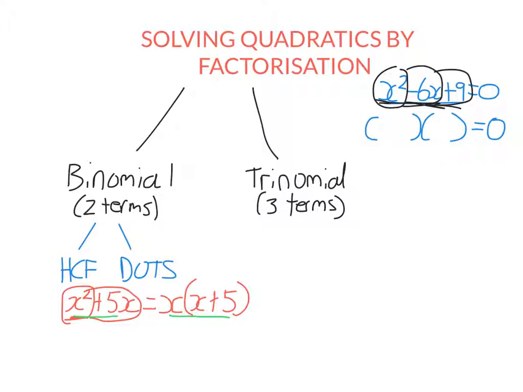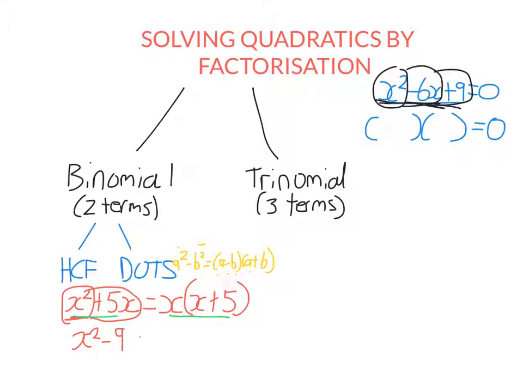So let's say I have something like x squared minus 9. This is a quadratic binomial, but there are no common factors between the 2 terms, x squared and negative 9. However, we can use the difference of 2 squares rule. The difference of 2 squares is when you have a square minus another square: you square root the first term, you square root the second term, and 1 bracket gets a minus, 1 gets a plus.